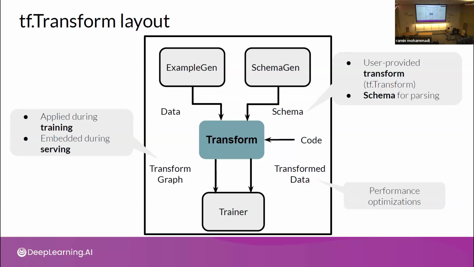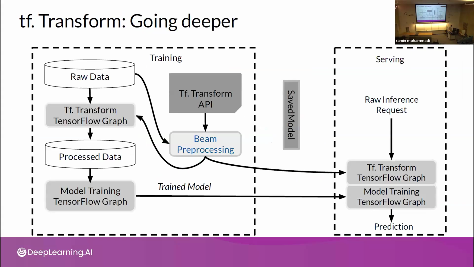The result of the transform is something called transform graph. Basically, it builds a transformation graph that you can reuse later. And then you also get the transform data. The way that works, it's something like this. So on top left, you have raw data. When you work with, again, TensorFlow Transform, PyTorch transform, for example, similar concept.